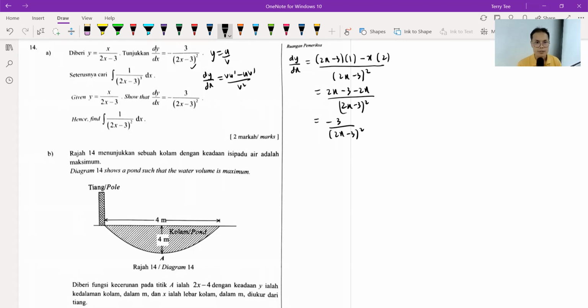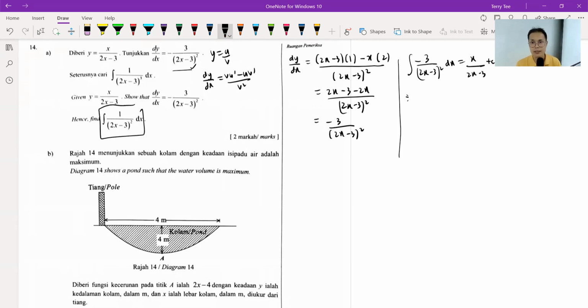But to use the result to find the integral of this, number one, we know that when you differentiate your y, you get your dy/dx. When you integrate your dy/dx, which is negative 3 over (2x minus 3) squared dx, you should get back your y, which is x over 2x minus 3 plus c. But notice what we want here doesn't have a minus 3 in front.